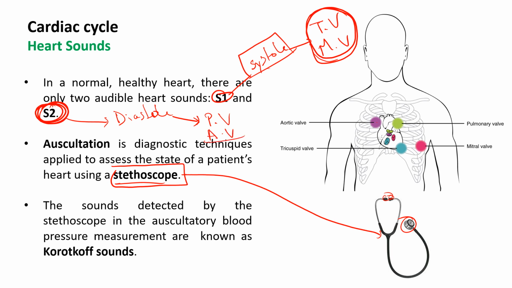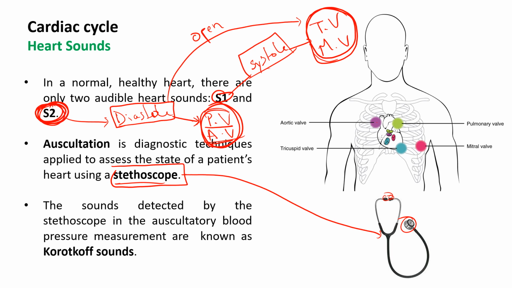Because it's diastole, that is the time when the ventricles fill with blood, so it makes sense that during diastole the tricuspid and mitral valves open. And because we just pumped blood through the pulmonic and aortic valves, when the heart is relaxed we don't want blood to go backwards. This is the time when the pulmonic and the aortic valve close, and the closing of these two valves generates the S2.